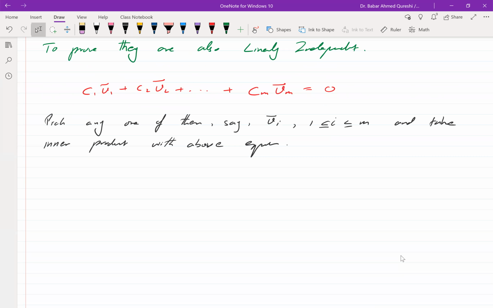I take an inner product with the vector on the left hand side and with the vector on the right hand side.